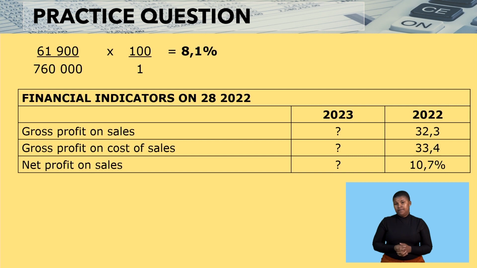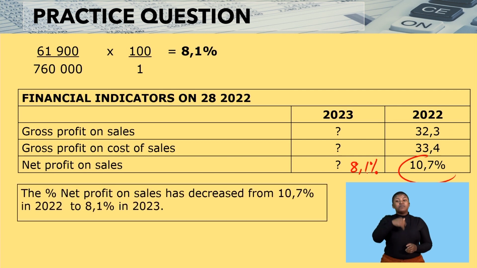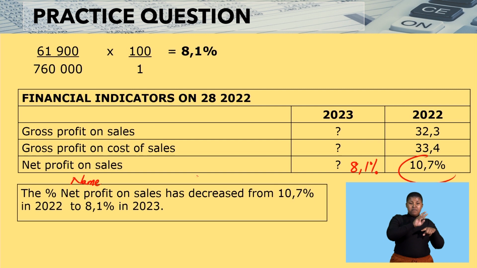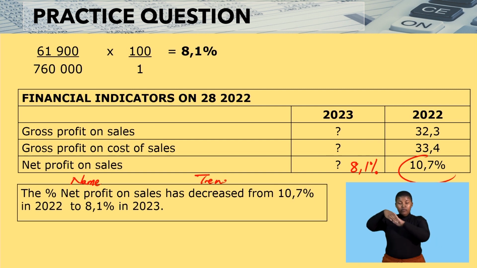After I have calculated, remember, you need to then comment. And in commenting, we are given the percentage for the year 2022. It was 10.7%, but in 2023, it is now 8.1%. So when I'm commenting, I would say, the percentage net profit on sales has decreased. The decrease is the trend.